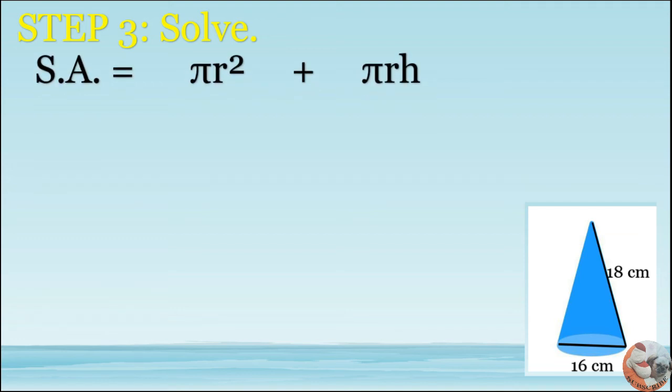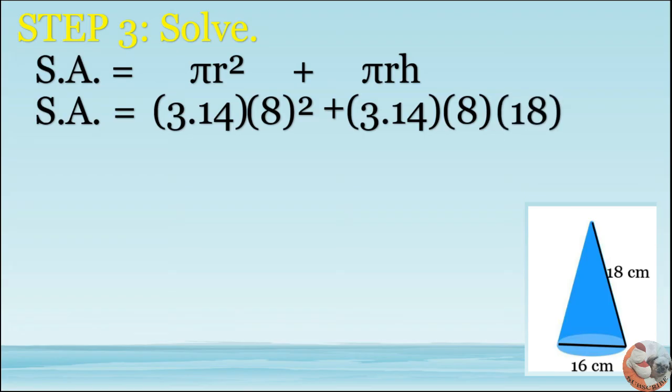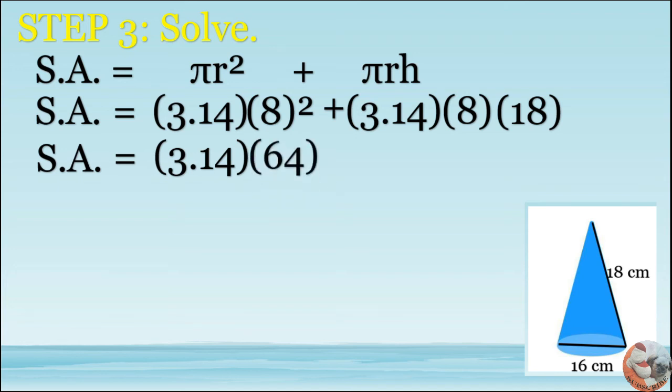Using the formula, surface area is equal to pi, which is 3.14, times the radius, which is 8 squared, plus pi, which is 3.14, times radius, which is 8, and height, which is 18 centimeters. SA is equal to 3.14 times 8 squared, which is 64, plus 3.14 times 8 times 18, which is 144.